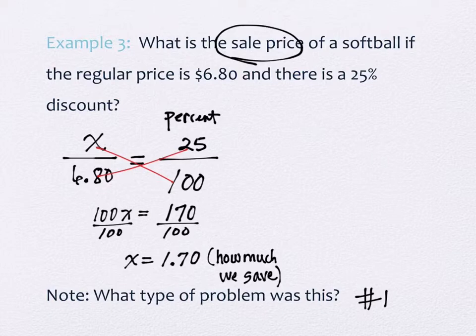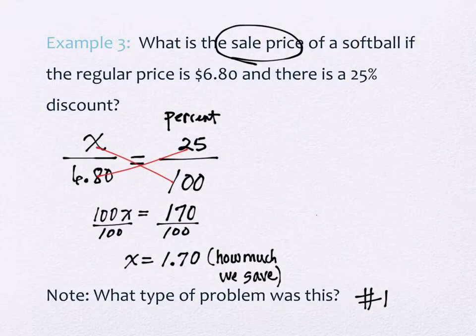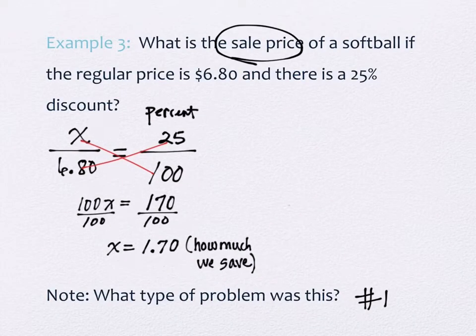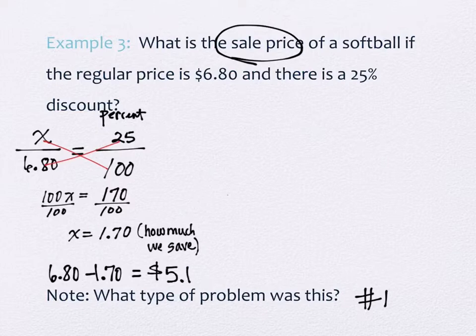And Kimberlyn's exactly right. It's the number I'm going to subtract. So to find the answer to the question, I would actually have to take the original price, which was $6.80, subtract my 170, which would give me what? $5.10, with a dollar sign, of course, because we're dealing with money, and that would be my answer.